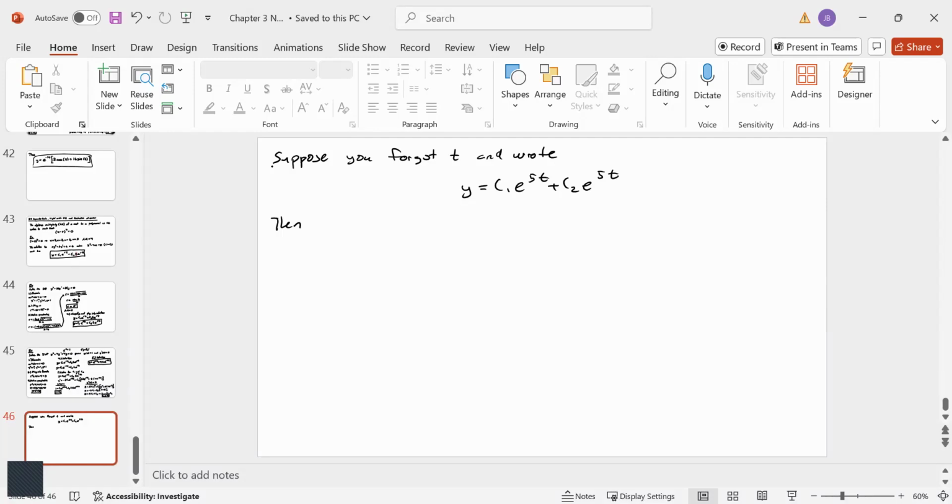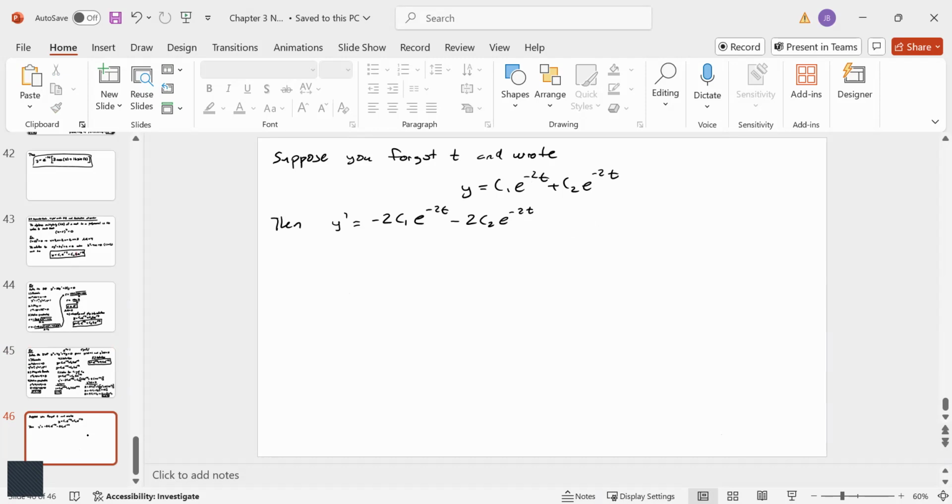Then, you know, y prime would be equal to, sorry, I'm looking at the wrong number, so it should be negative 2. Y prime would be negative 2C1 e to the negative 2t plus, I guess, minus negative 2C2 e to the negative 2t, like that.